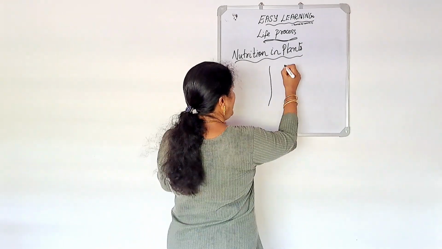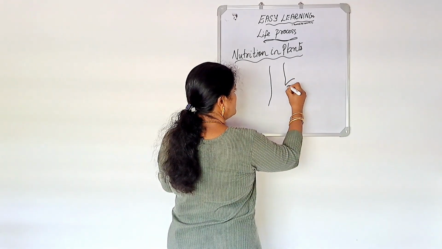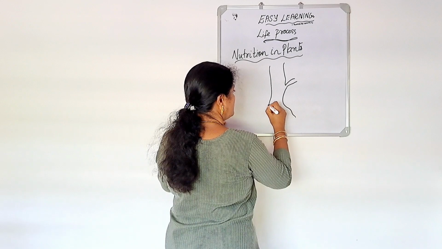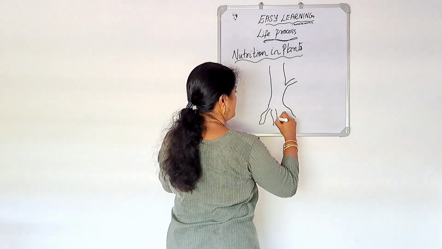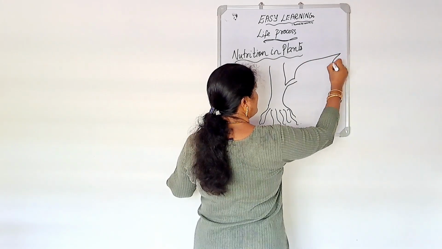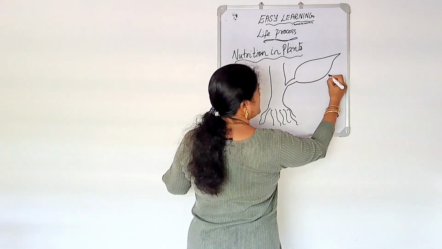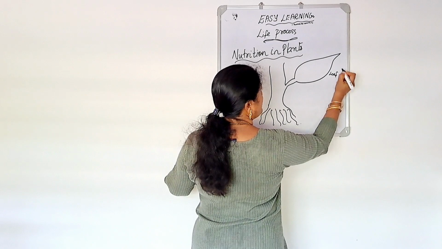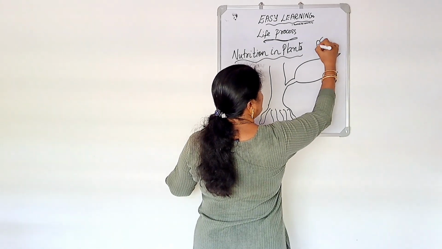I'll draw a tree. This is the leaf. This is the sun.